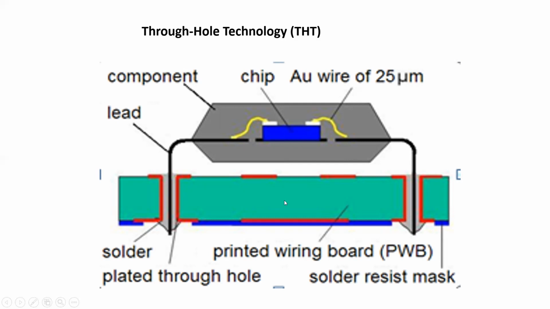This is the printed wiring board, and this one is the component, and this component is assembled through this hole, and on the other side it is solder. So this is the lead, this one is the solder, this one is the wiring board, and this one is the chip, or we can say any component. So these are assembled and soldered like this.